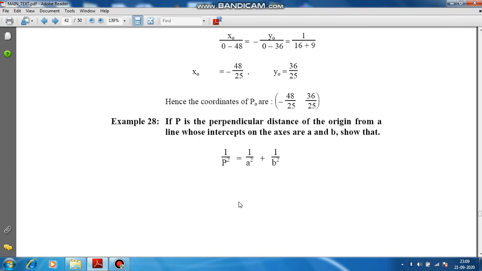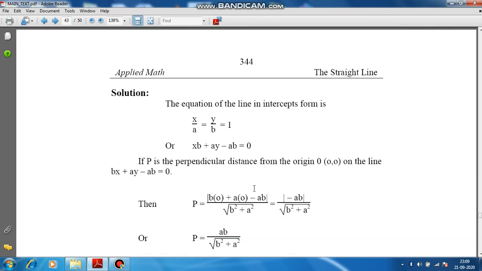Okay. And p is the perpendicular distance from origin. So this implies bx plus ay minus ab equal to 0. So perpendicular distance p equal to b into 0, origin means x coordinate 0, plus a into y coordinate 0, minus ab divided by square root of b square plus a square.